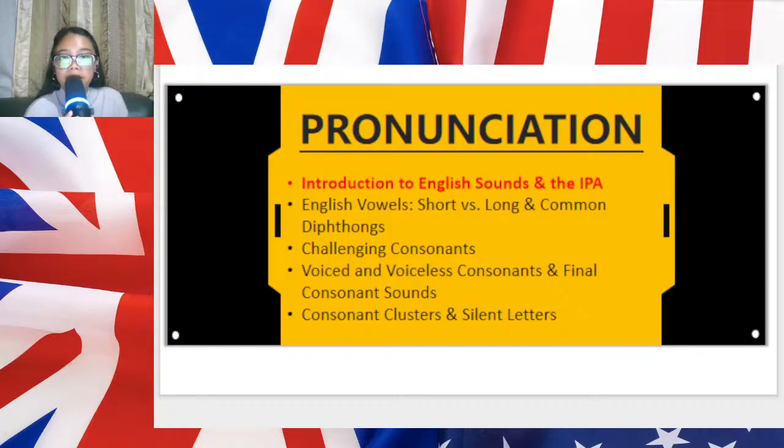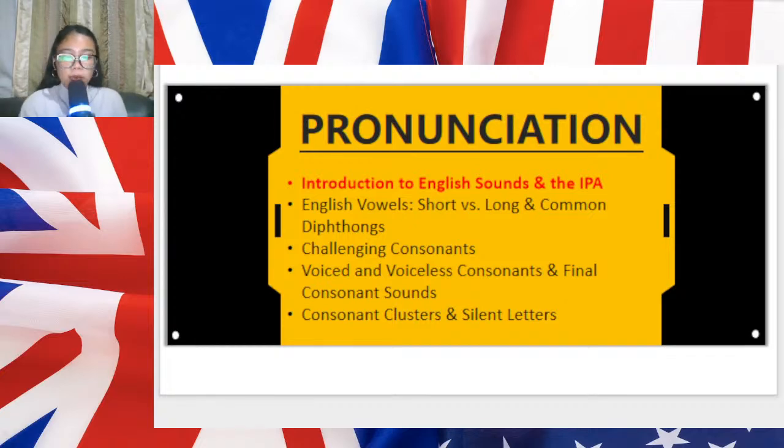From the five vowel letters, a, e, i, o, u, it produces 19 vowel sounds in total. Whereas for the consonants, there are 21 letters left, and they produce a total of 25 consonant sounds. If we add all those sounds, we get 44, which is the English sounds that we mentioned last time.